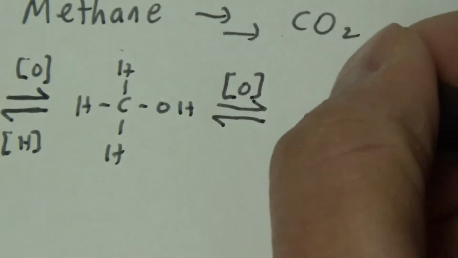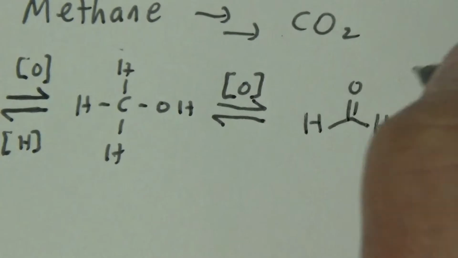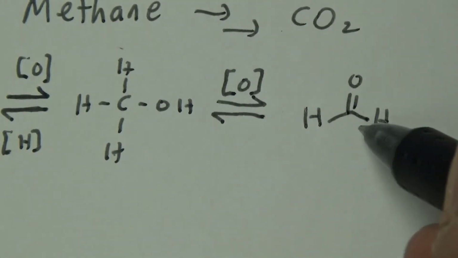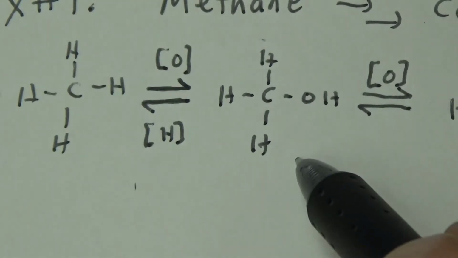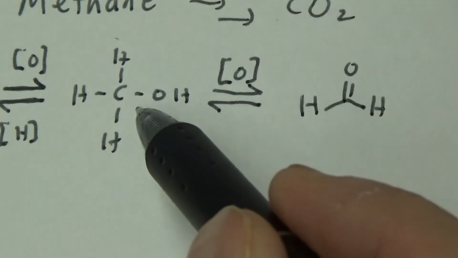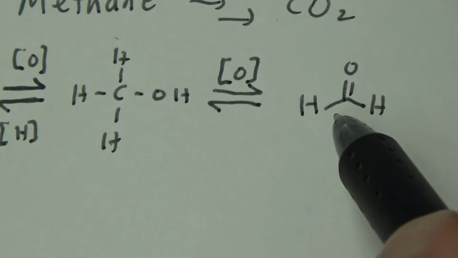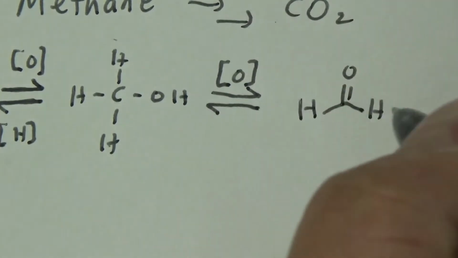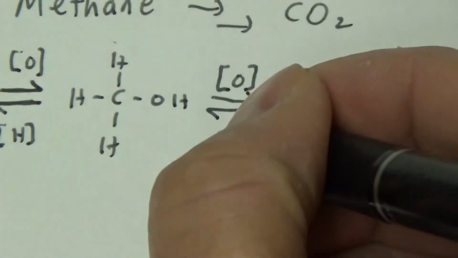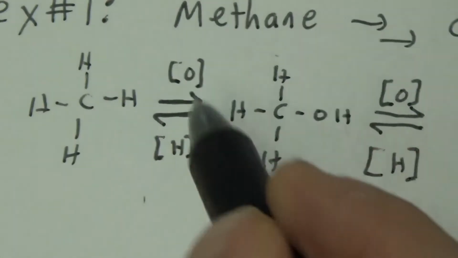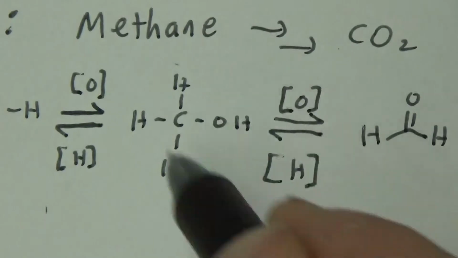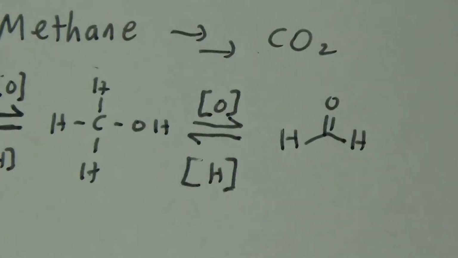From 1 bond to oxygen to 2 bonds to oxygen. That is the next oxidation state. If you go from formaldehyde, you can go back down to the alcohol by reduction. And there's reagents that accomplish these things. We're not going to talk about the reagents quite yet.